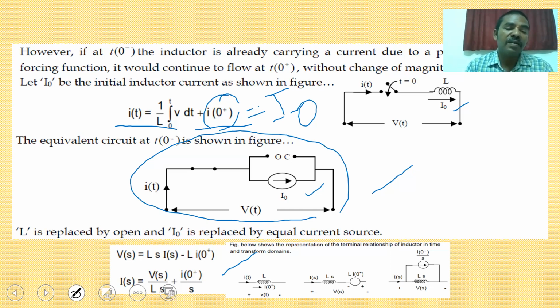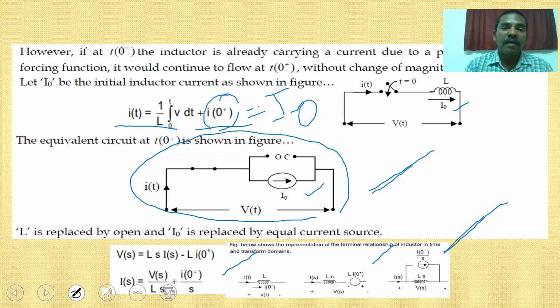So I(s) is equal to V(s) by L s plus i(0+) divided by s. So these are the equivalent circuits represented in terms of Laplace transform. Both are the same. This is the figure represented for time domain analysis, and this is the figure represented for Laplace transform. Are you understanding?